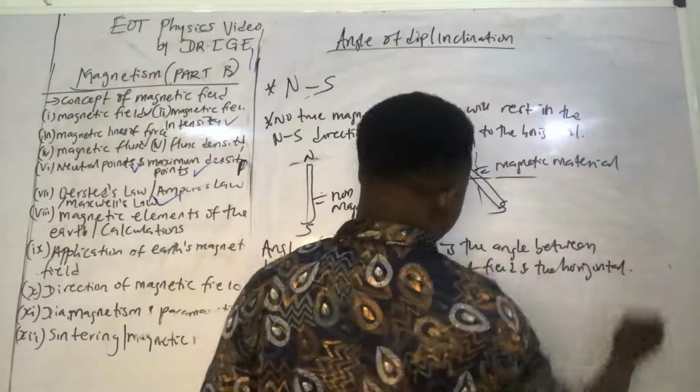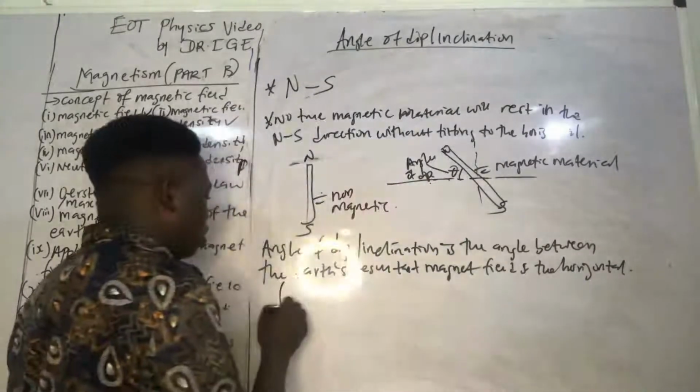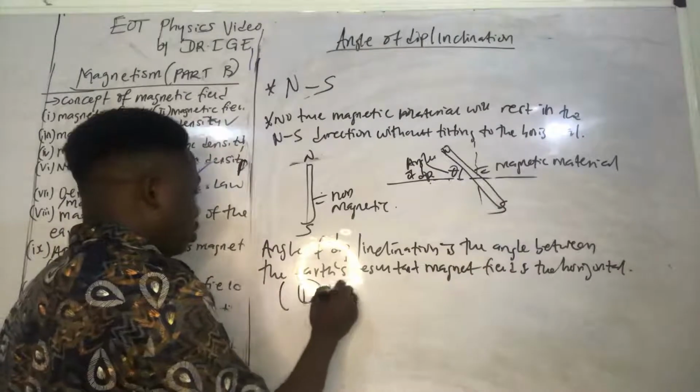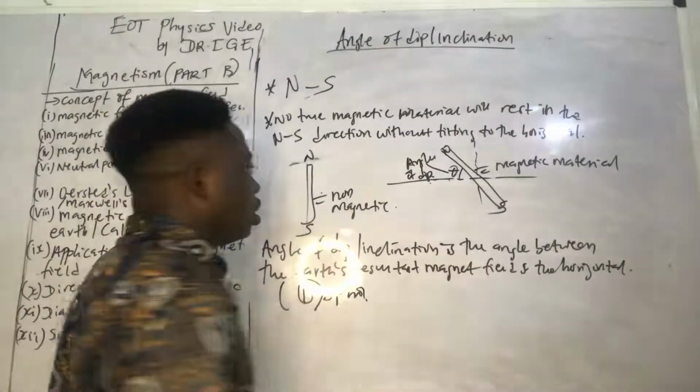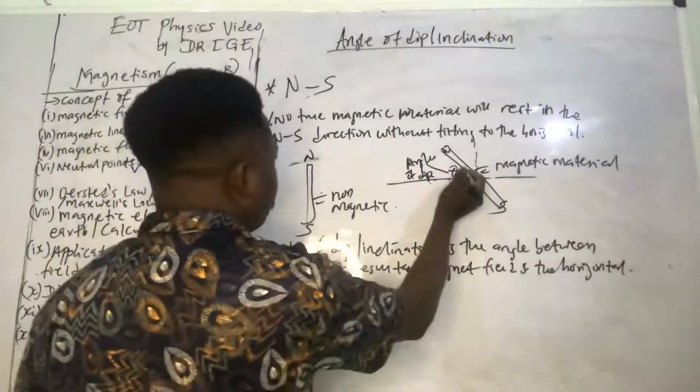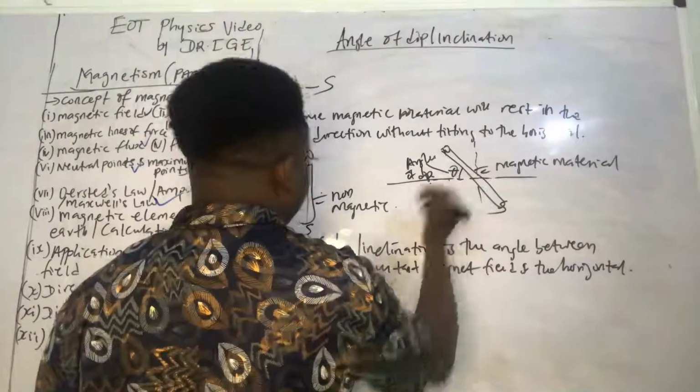You grab, that's it. That's what angle of dip is. It's given as phi. That's the angle of dip for you. The angle between the Earth's resultant magnetic field and the horizontal.